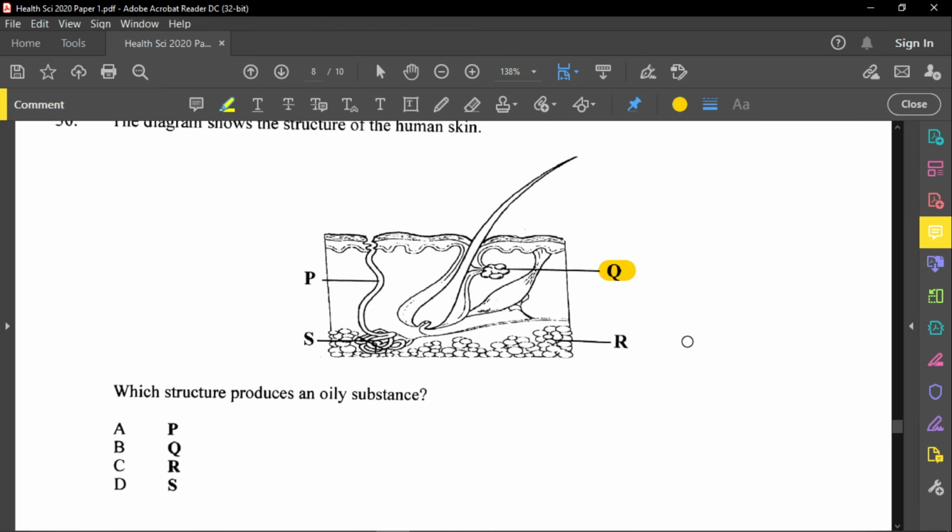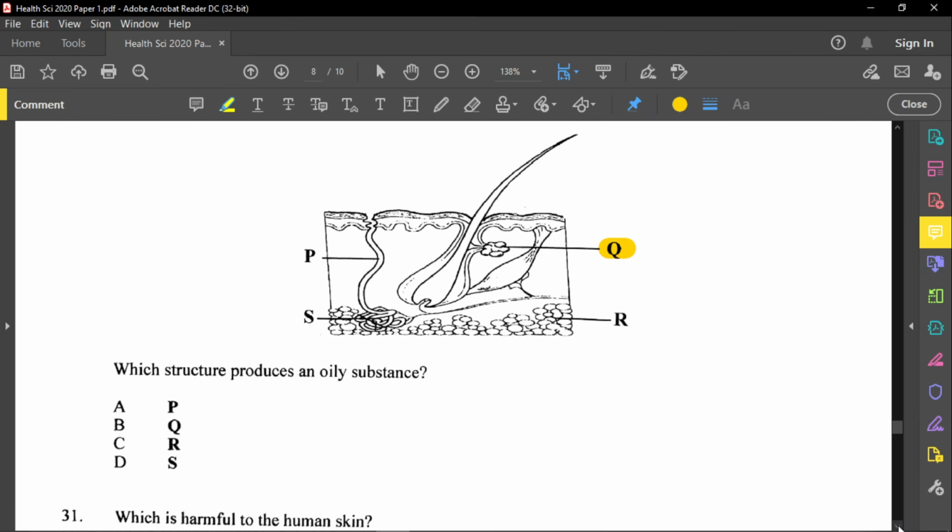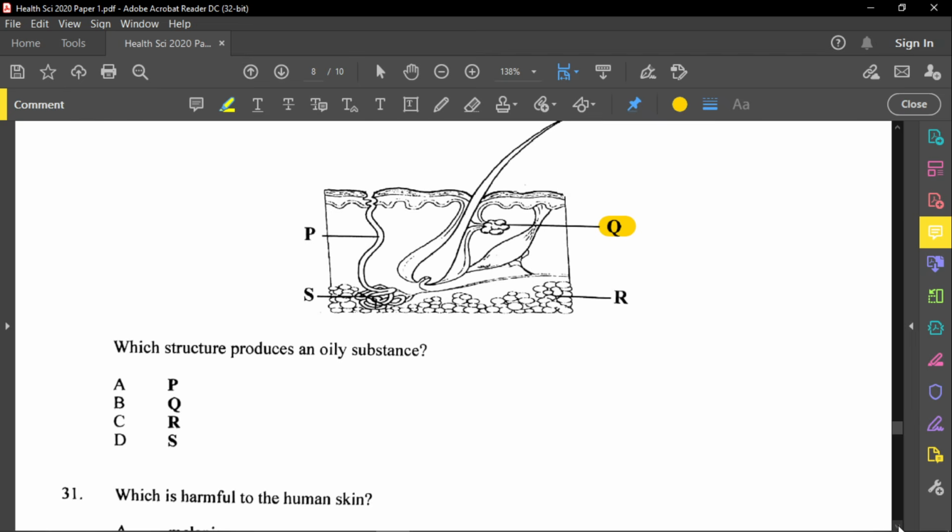We have our sweat duct here: S will be the sweat gland, and P will be the sweat duct. So sweat is produced here, but oil is produced by Q. Our sebaceous gland produces oil, and the oil that is produced is called sebum. Just make a note of that. So let's label this as Q.